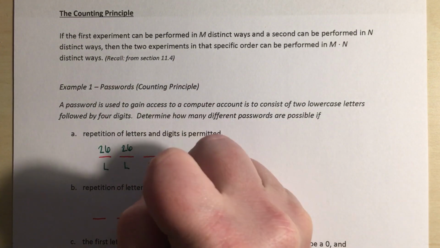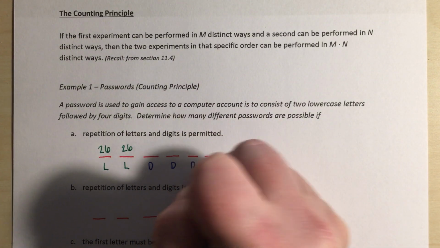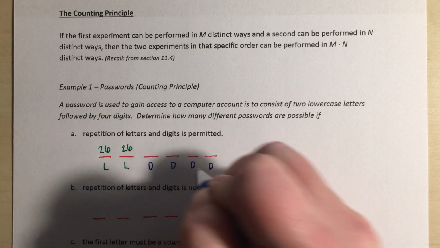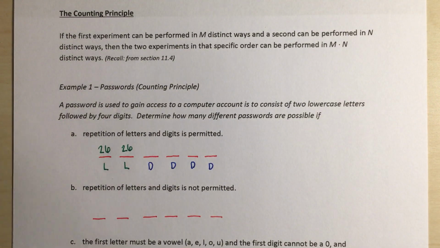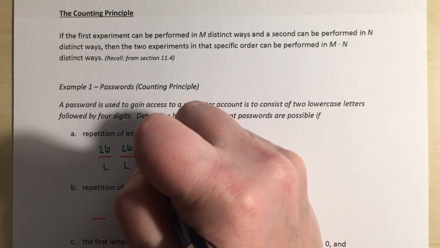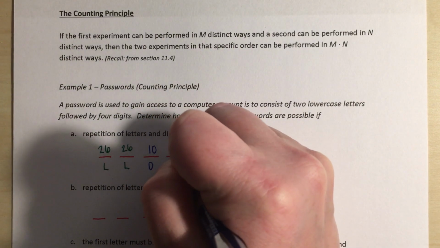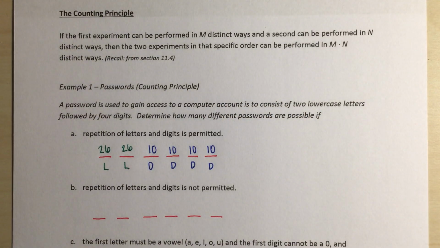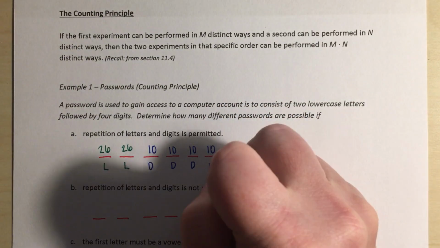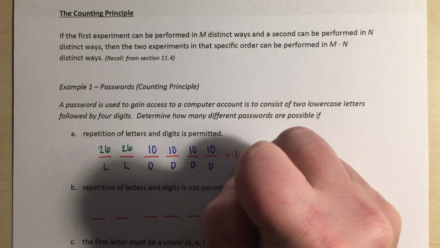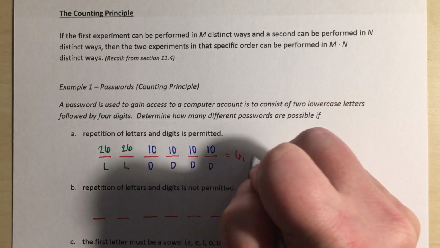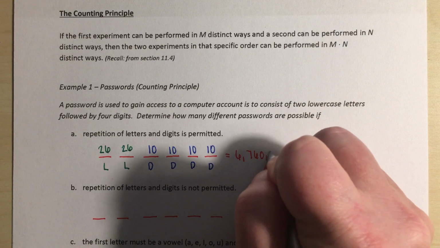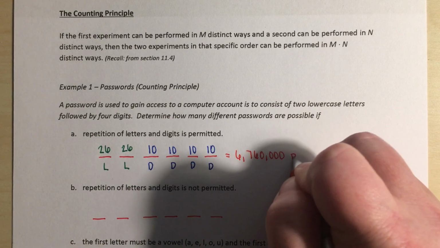Then the rest of these are going to be digits. If we count the digits 0 through 9, that gives us a total of 10 digits. So 10, 10, 10, and 10. Again, all the same because repetition is permitted. So then we're going to multiply these together. We get 6,760,000 possible passwords.